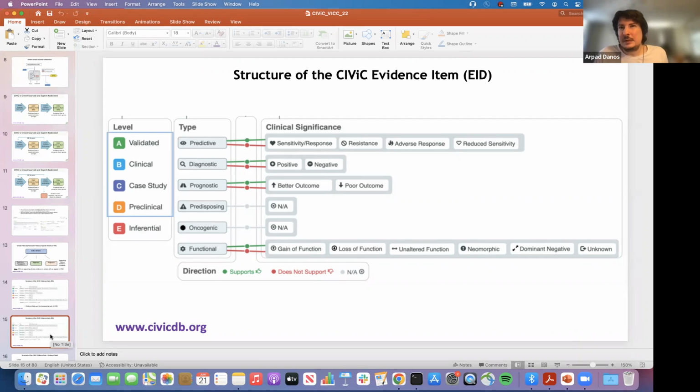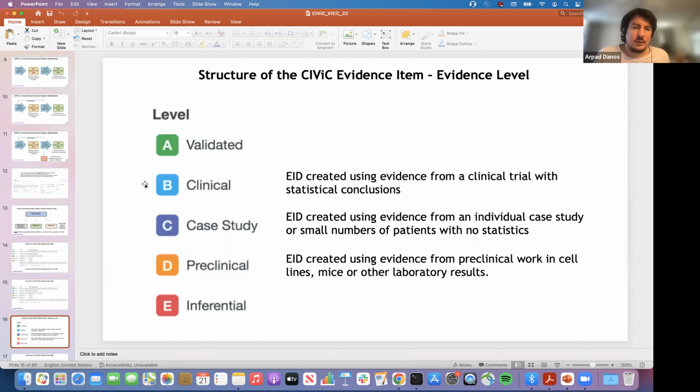We're using clinical, case study, and preclinical as the main types of tagging. B is basically clinical trials, C is case studies, individual or small groups of patients. Preclinical work is tagged D. If the paper has been cited in guidelines or FDA approvals or such, then we'll tag it A.